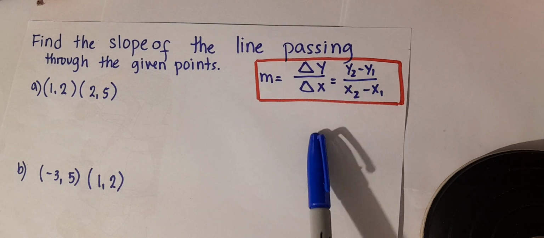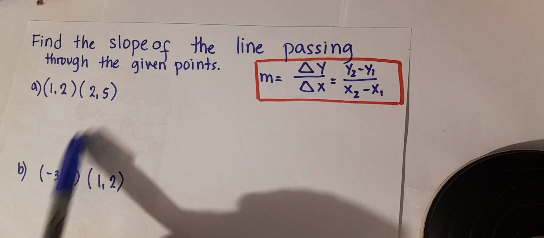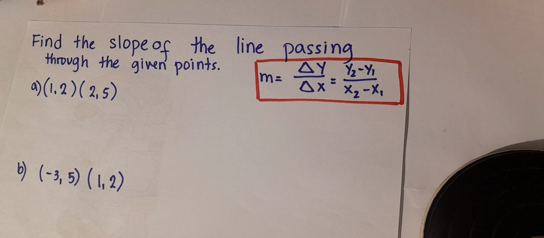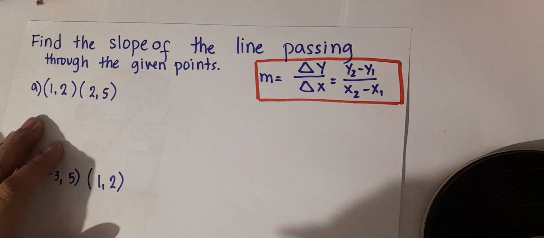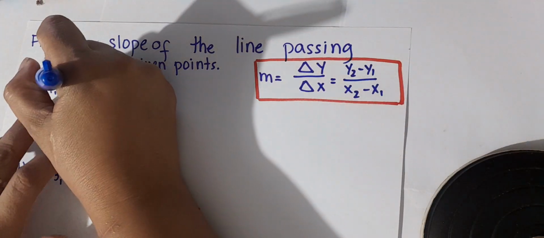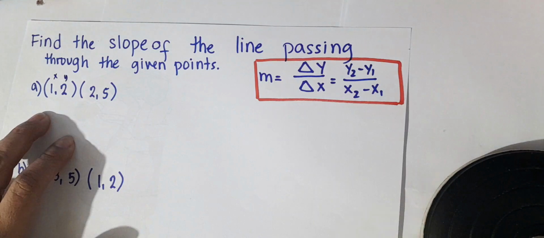So the change in y is from the two coordinates given, or the 2 points. We have to designate and you have to know where's the y and where's the x in every coordinate. In a coordinate, the first one is always the x and the second one is the y.